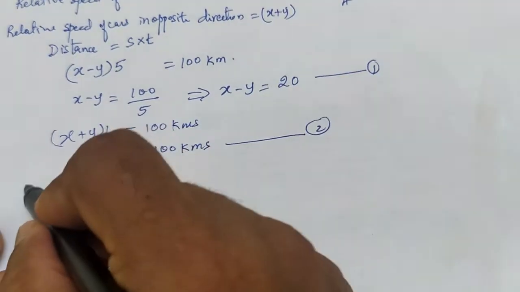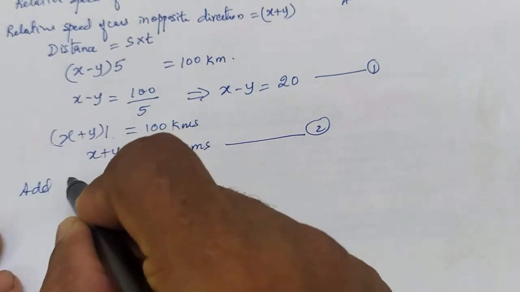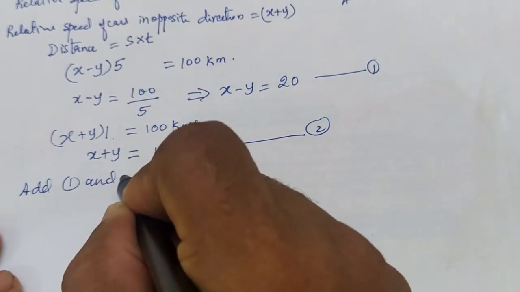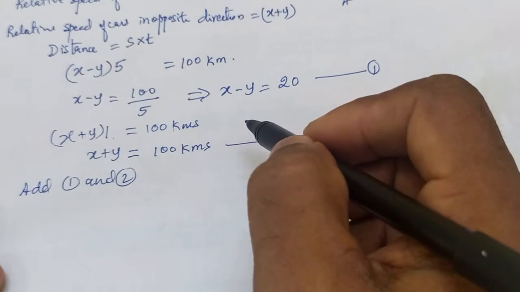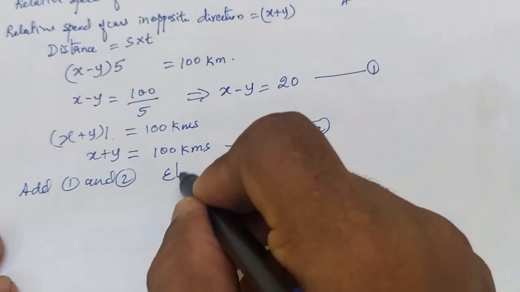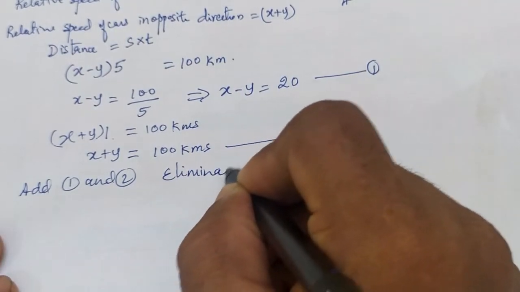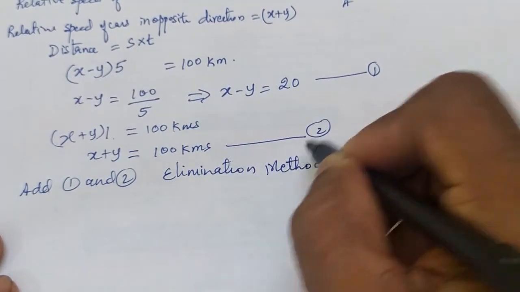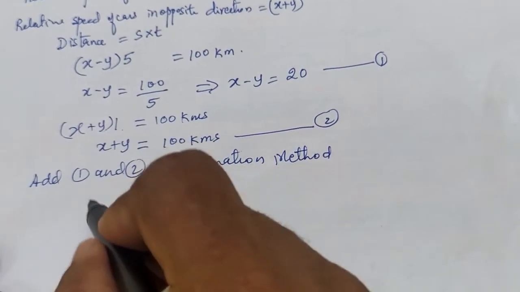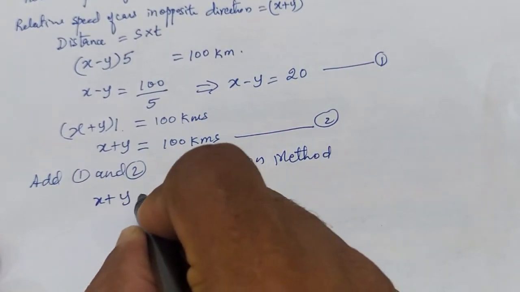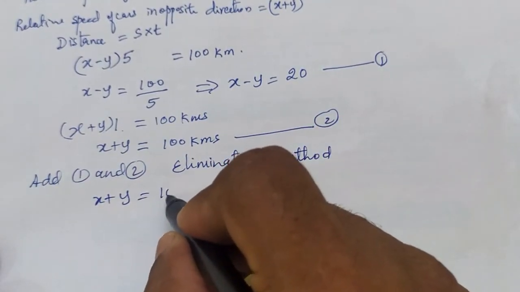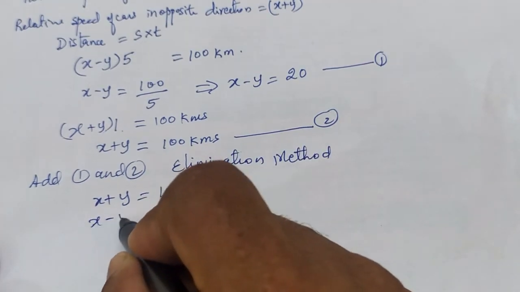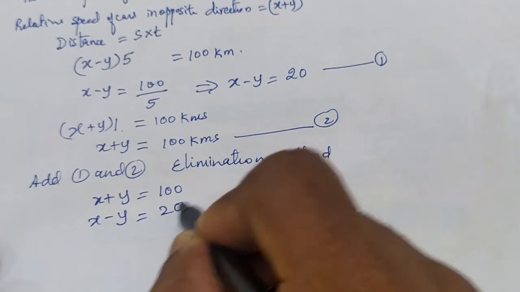Now what do we do? We add 1 and 2. What method is this? This is the elimination method. We are using the elimination method and we add both of them. x plus y is 100 and x minus y is 20.